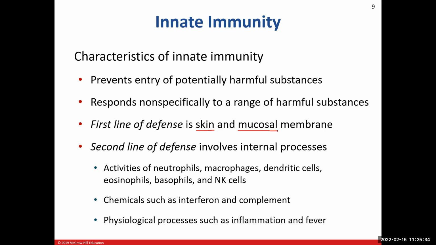Now, say things do manage to make it past our first line of defense, no worries. We have our second line of defense, and that's going to be the internal processes, where we're going to be dealing with certain cells, not all, but certain cells. And then we'll talk about how your body will produce certain chemicals, which will help with the immune response.